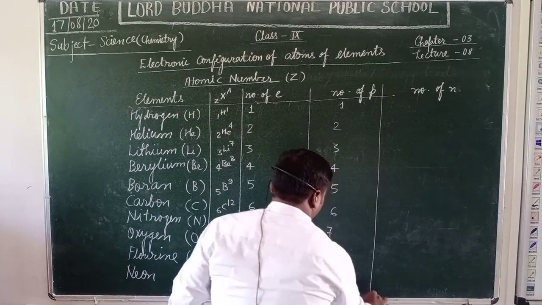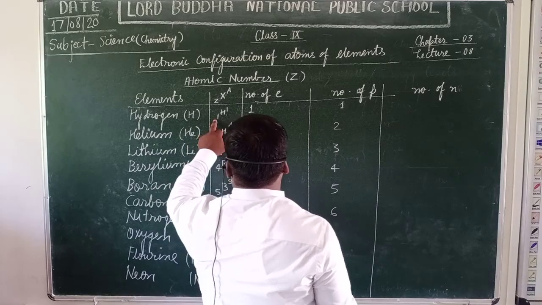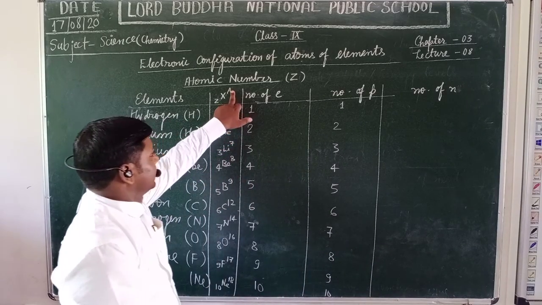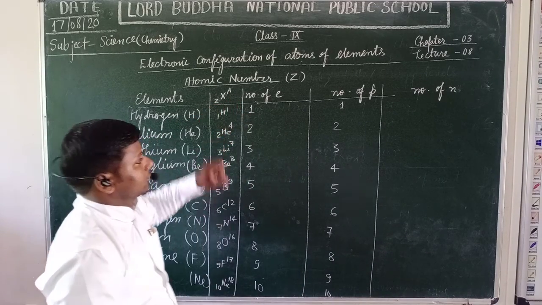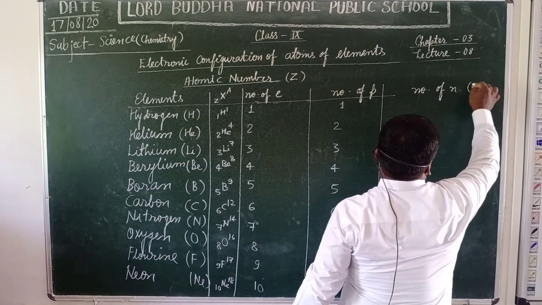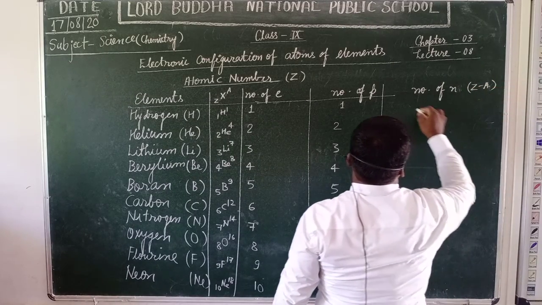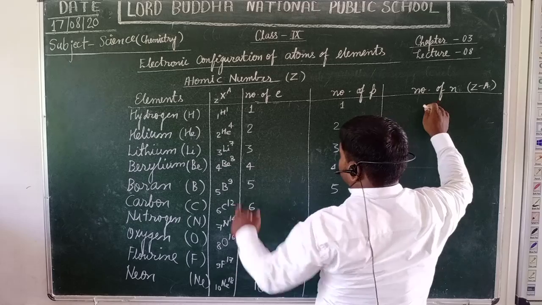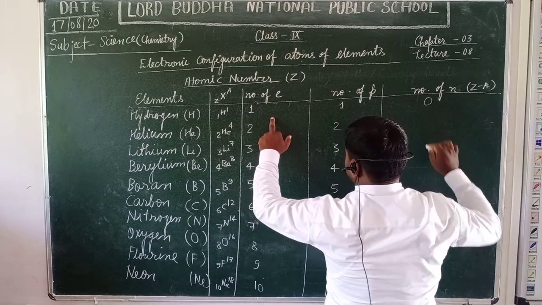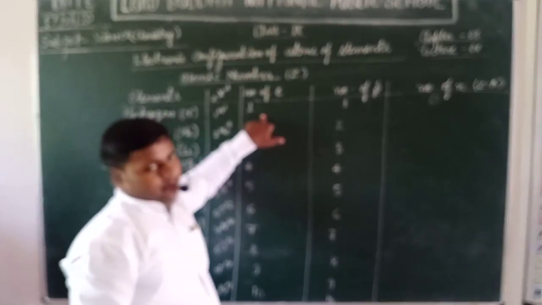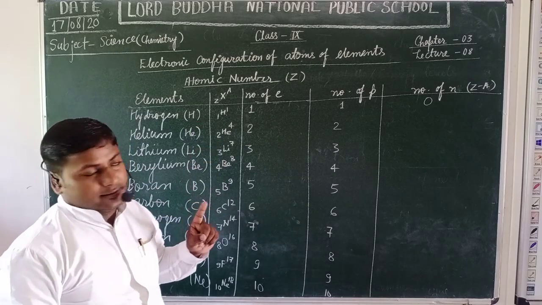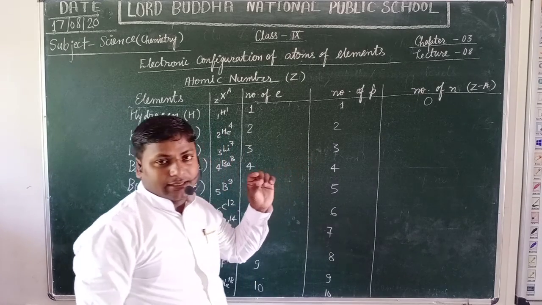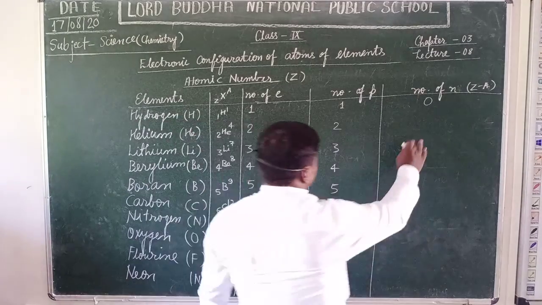But the number of neutrons can be determined by subtracting the atomic number from the atomic mass. It means here I write the formula A minus Z. Then we find that the hydrogen atom has no neutrons. It is an exception that hydrogen has no neutrons.